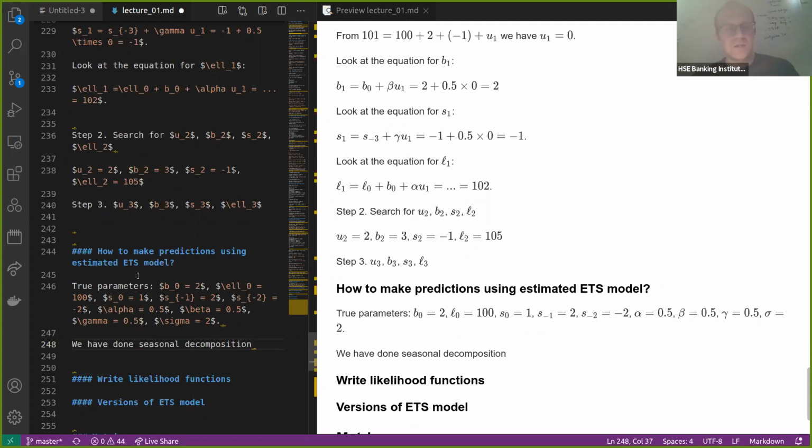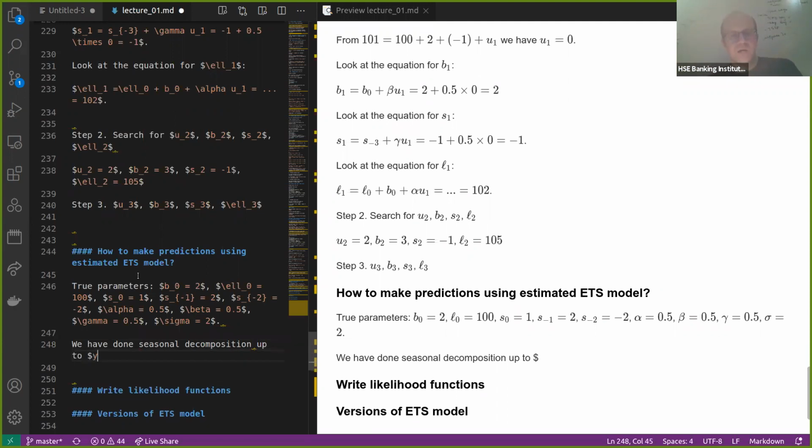So we have done seasonal decomposition up to y. Let's say the last observation is 100.